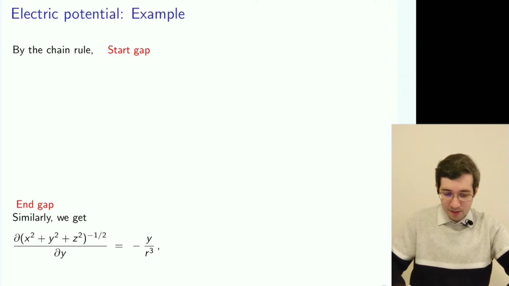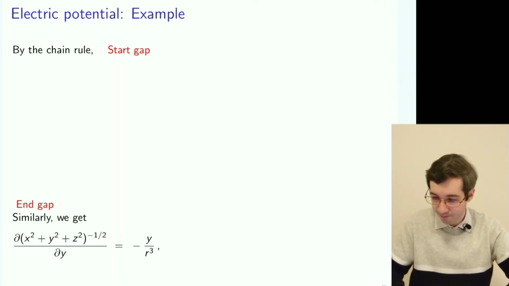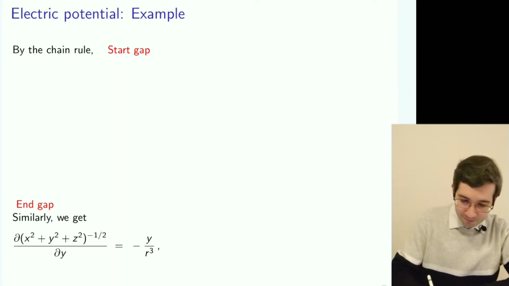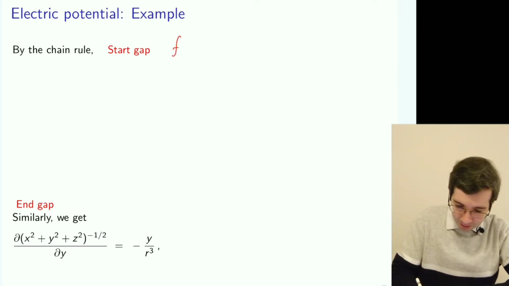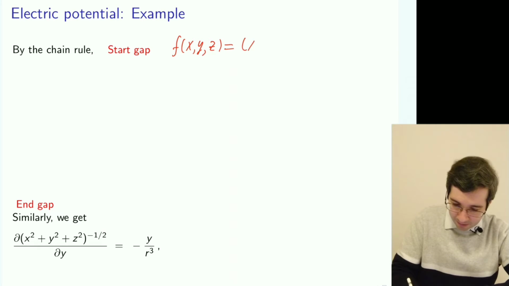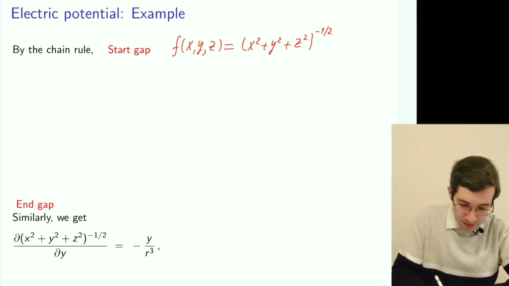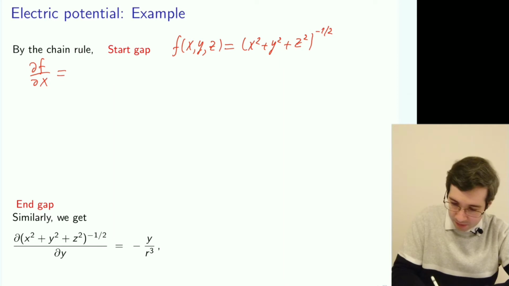Well, first we will just remind ourselves that we have a function in effect of 3 dimensions, x, y, z, which is x squared plus y squared plus z squared to the power of minus 1/2. So let's take a partial derivative of that function using the chain rule.